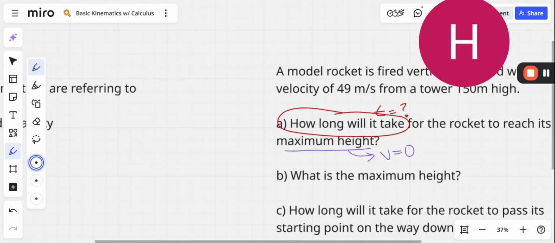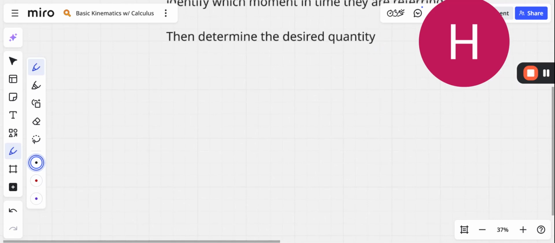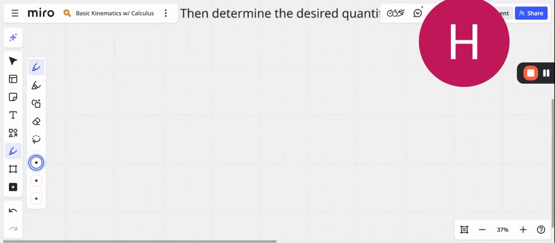In physics, when we have free fall motion, anything that has been thrown in the air and is only under the influence of gravity, it'll always follow this equation: Vf equals V initial plus A times T. Now, if you're in physics, you already know this kinematics formula.